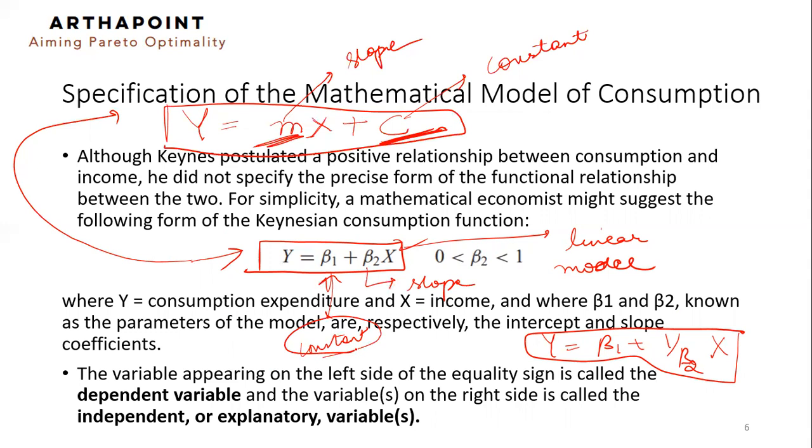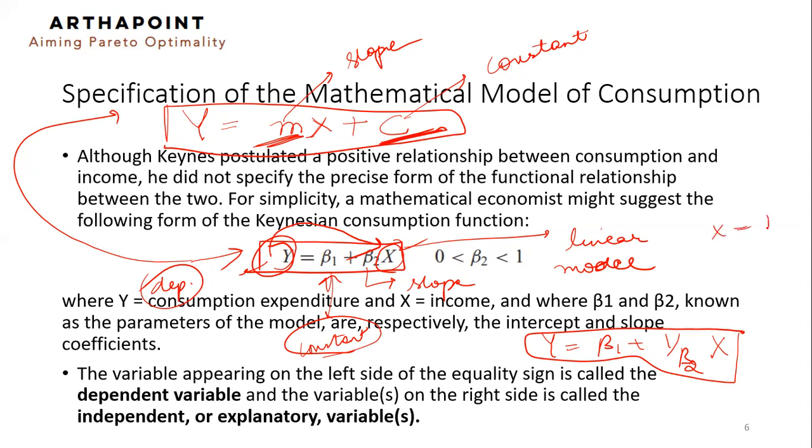Now, the variable that appears on the right hand side is independent. The variable that comes on the left hand side is dependent. And it is pretty clear, dependent on x. Y is dependent on x. As x changes, y will change because y takes the form of beta 1 plus beta 2 x.